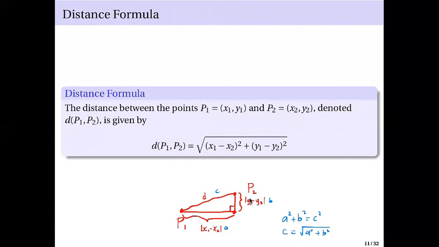Your B is the absolute value of y1 minus y2. If you square it, you'll get this part. It's always positive, so you can remove the absolute value. And your C is just your d, that is the distance. So you will obtain this formula. It's all about triangles. This distance formula is also about triangles.